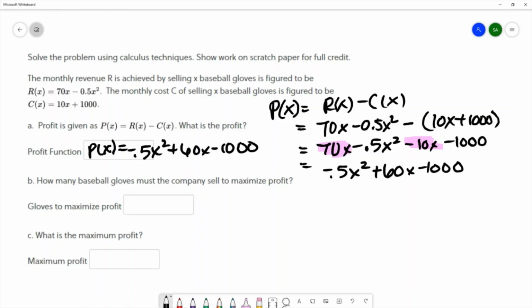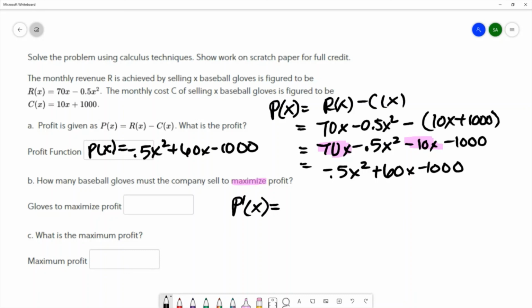And then on the next part, we want to know how many baseball gloves must the company sell to maximize profit. So the maximum will be found using our calculus techniques. We're going to look for the relative maximum, since we're trying to maximize profit. I'm going to calculate the derivative to find the critical numbers. The critical numbers are where our relative extrema could occur.